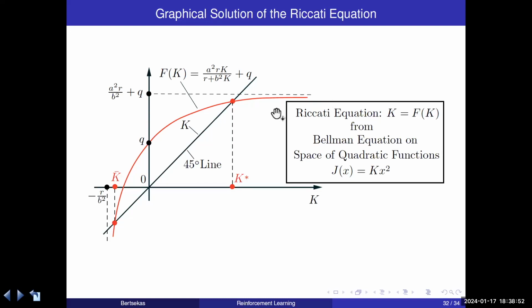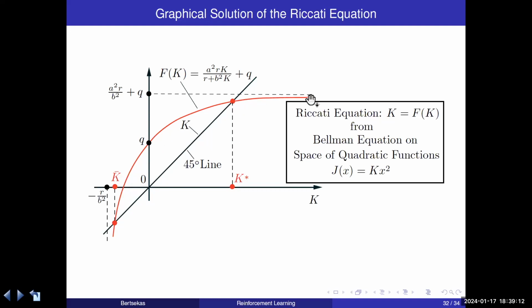I'm going to solve it graphically as follows. I'm going to plot F of K, the right-hand side, and I'm going to plot also the left-hand side, which is just a straight line, right? And the point where the two meet is the solution. You see this?